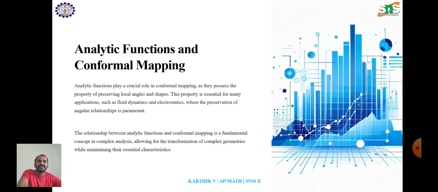In other words, if two curves intersect at a point in the original plane, their images under the conformal mapping will intersect at the corresponding point in the transformed plane. Properties. Conformal mappings are typically realized by analytic functions which are complex differentiable and satisfy the Cauchy-Riemann equations.